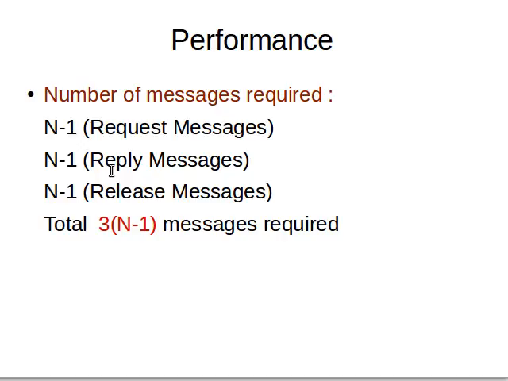On exiting, the site has to send release messages to all the other sites, so again n minus 1 messages are required. So in total, 3 times n minus 1 messages are required to finish one critical section execution.